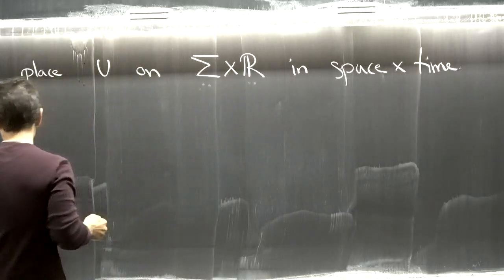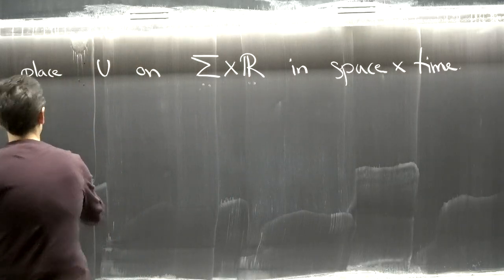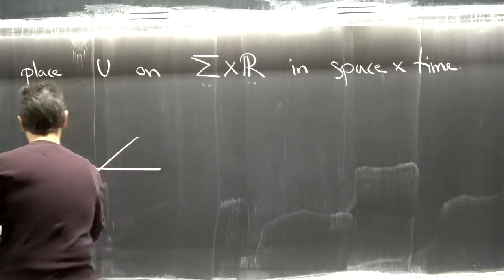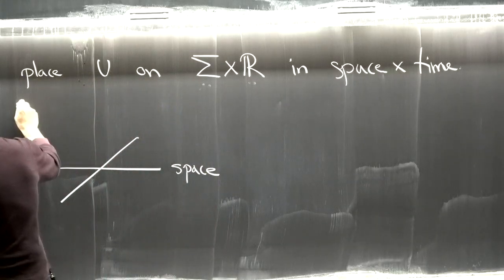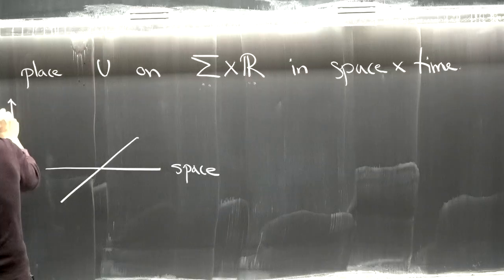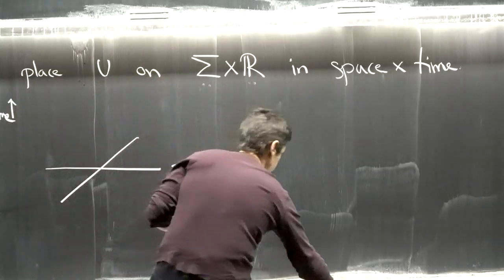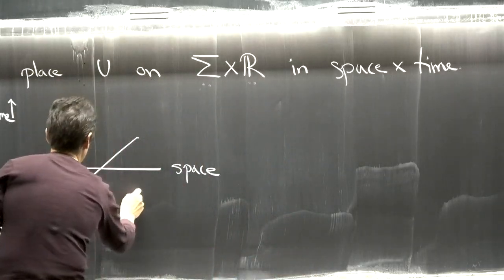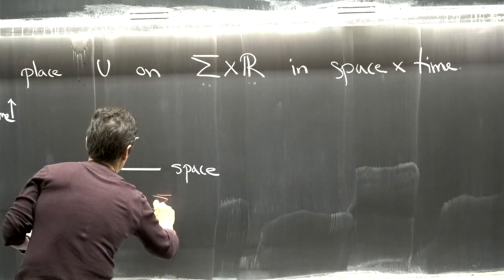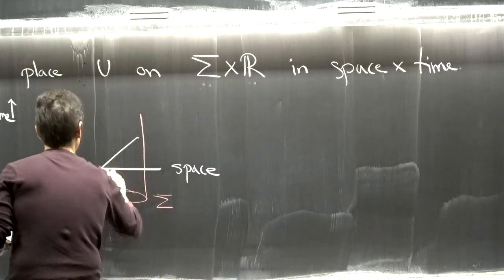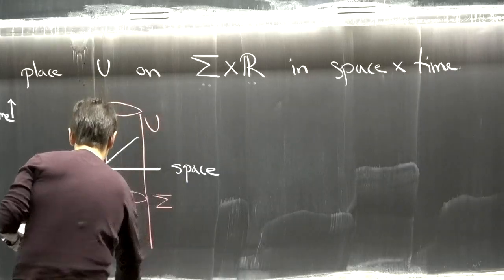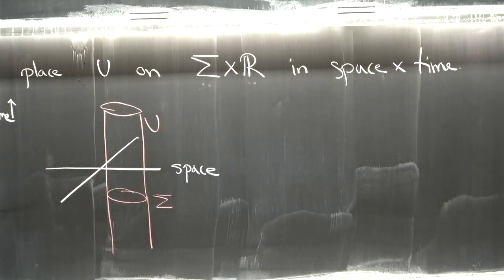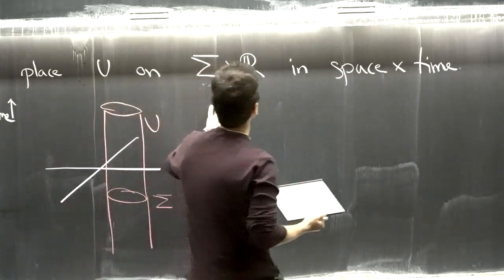Okay. So maybe we could draw a picture. Here's space. This way is time. Here could be our sigma. And so U just extends along like this. Now, when we do this, we get something new.